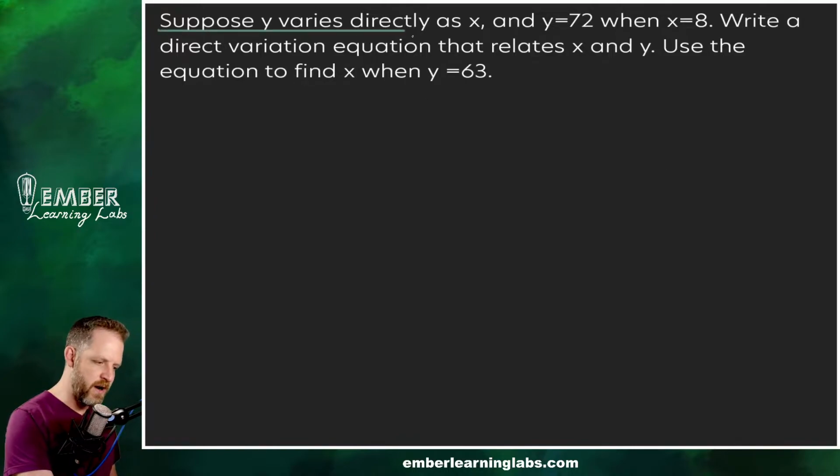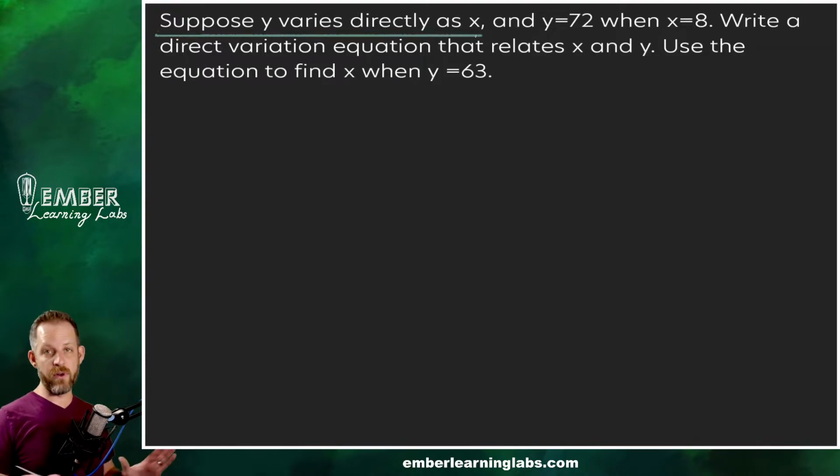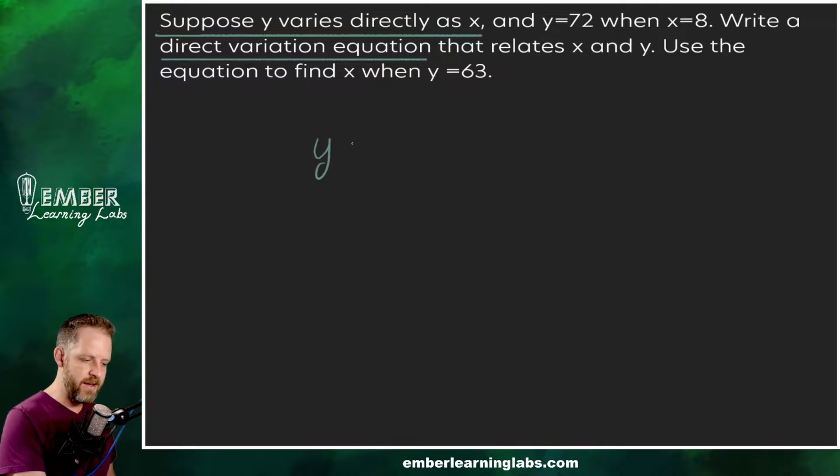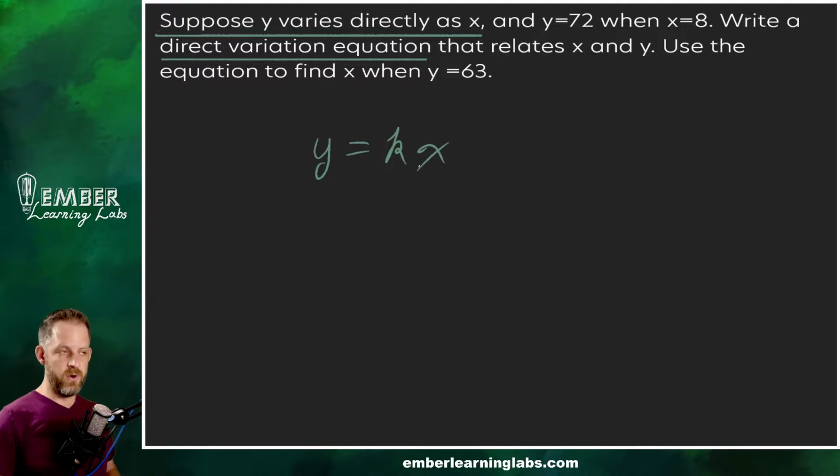This first part says, suppose that y varies directly as x. That's where we write the direct variation equation. So y varies directly with x. Now, where did the k come from? The k is the constant of direct variation.